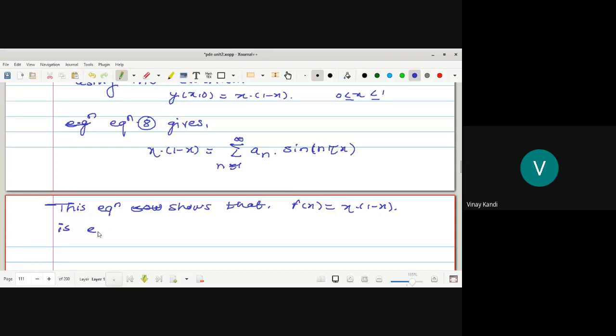It is expressed in the Fourier half range sine series. This is your sine series, the Fourier series in half range 0 to L, here it is 0 to 1.